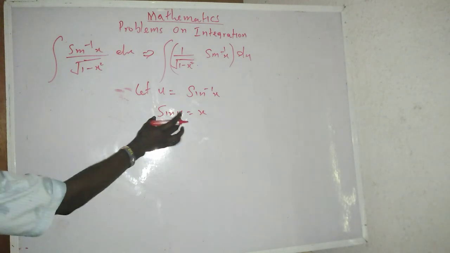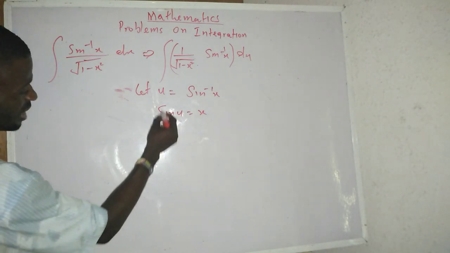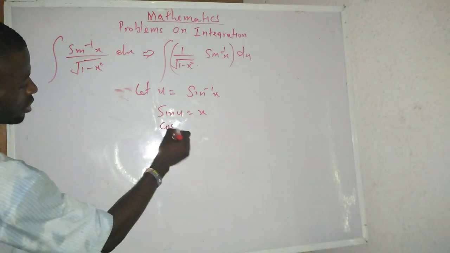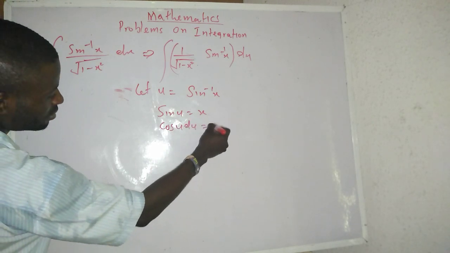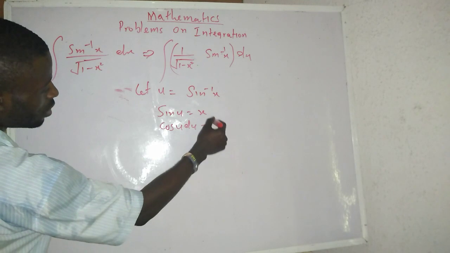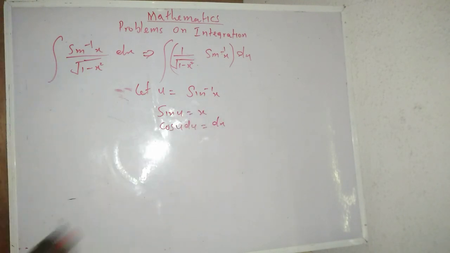Now, if I differentiate this part, I will have cos u du equals dx. Now, since I have that, I can say that my dx equals cos u du.